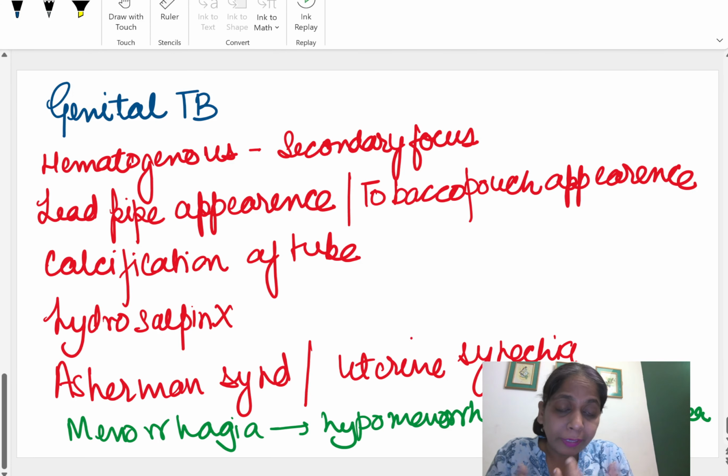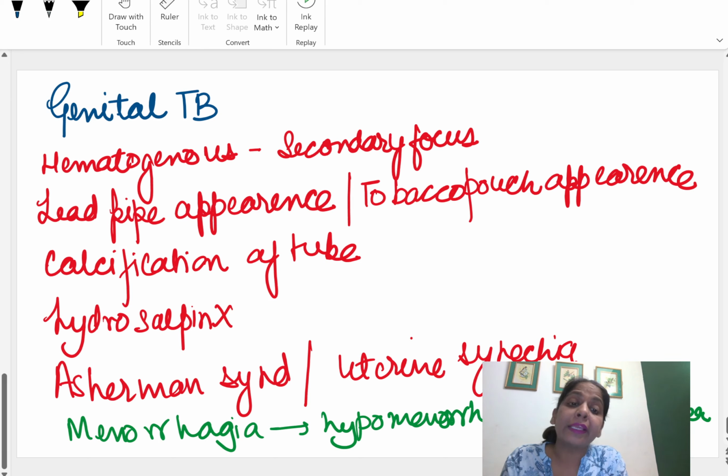What does it do to the fallopian tube when there is TB infection? It causes calcification of the tube. The tube has a lead pipe or beaded appearance on HSG, or there is hydrosalpinx which gives the tobacco pouch appearance. And if the endometrial cavity is also affected, then there is Asherman syndrome.